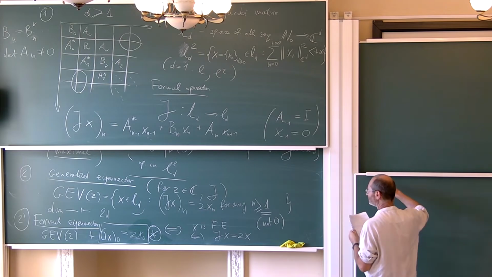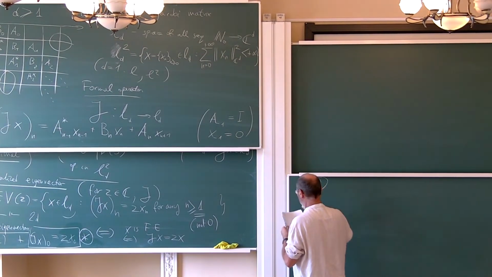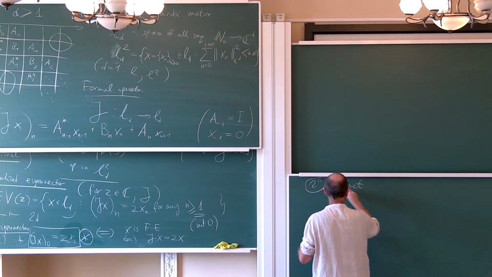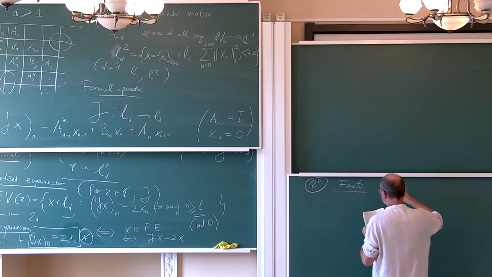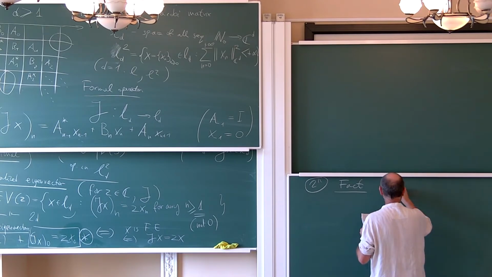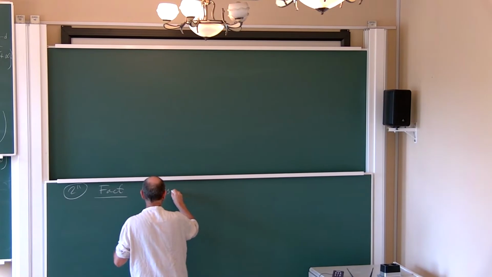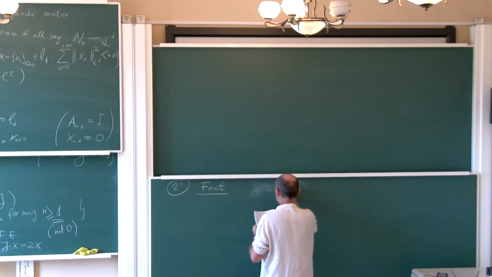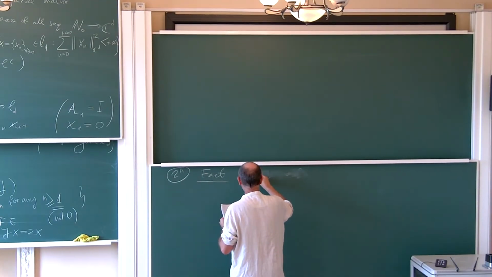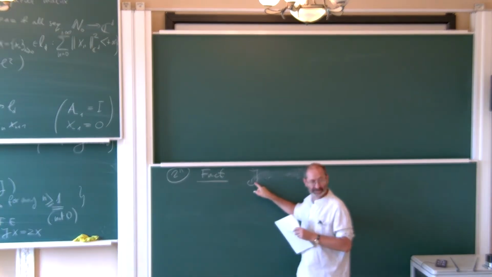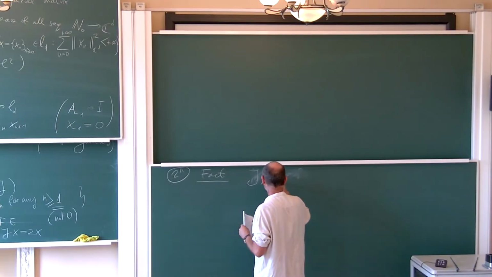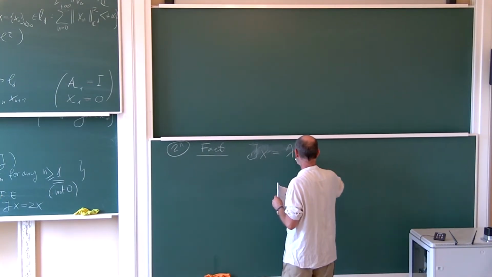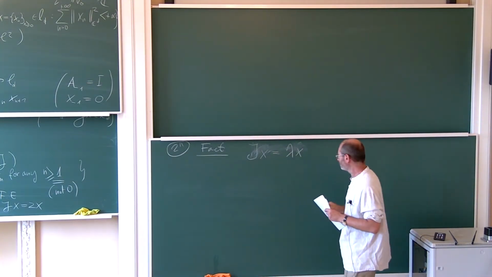And now a simple fact. Now we take our operator, capital J. Jx is equal to lambda times x, where lambda is also a complex number.